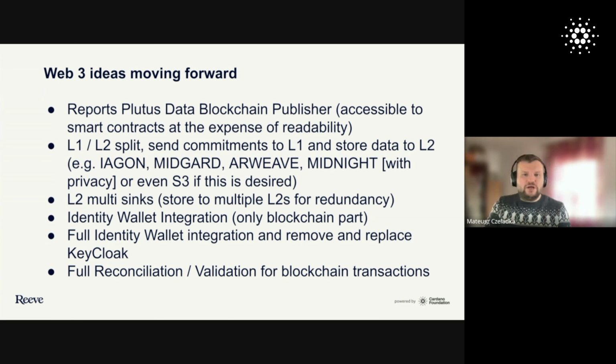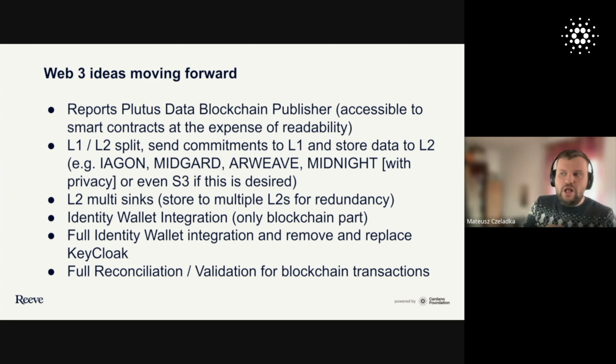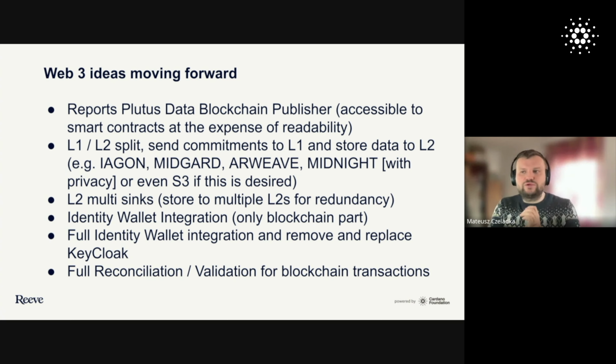Which actually brings me naturally to the next point, which is L2 multi-syncs. Who says that we have to store into one layer 2 solution, right? Nobody says that. You could store something to layer 1, like the main commitment, but then you can potentially store to multiple layer 2s. And that gives you redundancy, for instance.